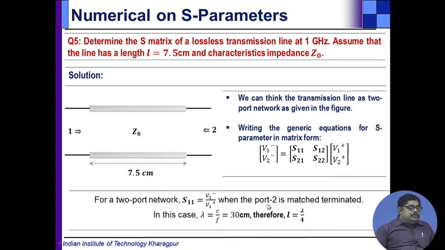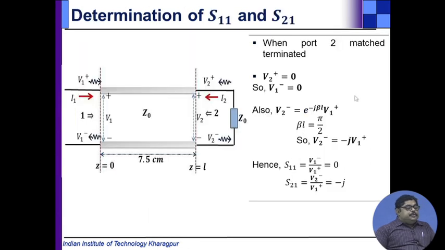So, electrical length will be how much? Beta into L, beta is 2 pi by lambda, the phase constant. So, beta L will be pi by 2, that means a quarter wave line, remember, has an electrical length of pi by 2, 90 degree.